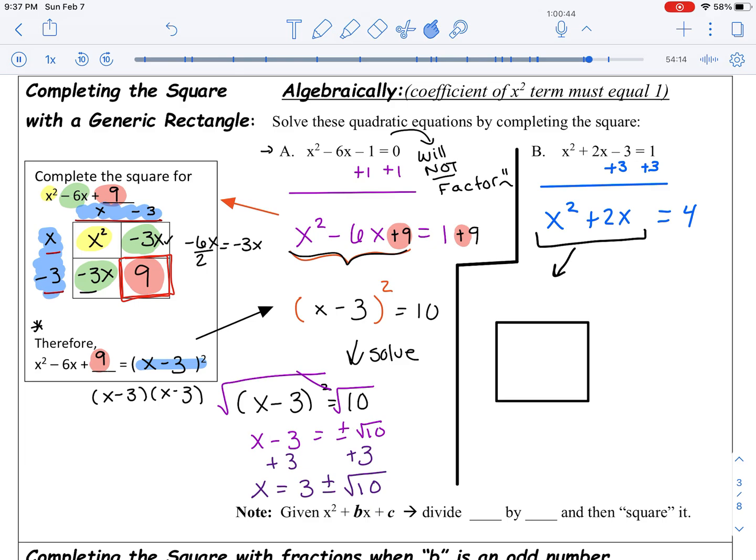In my square, I'm going to have my x squared in the top left. I'm going to take my 2x and split it in half to get 1x, so I put 1x in both the top right and the bottom left.